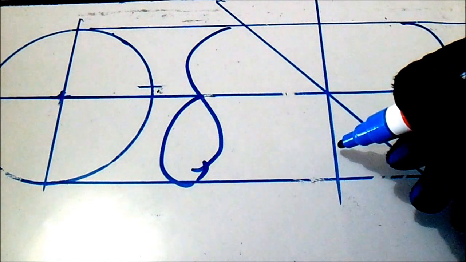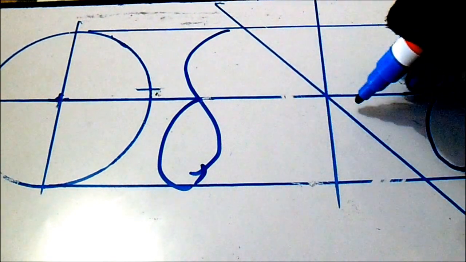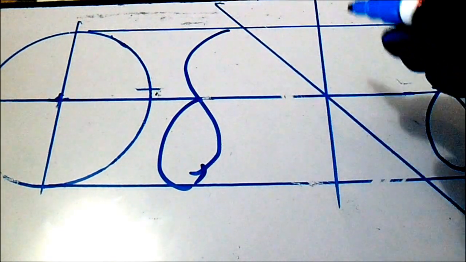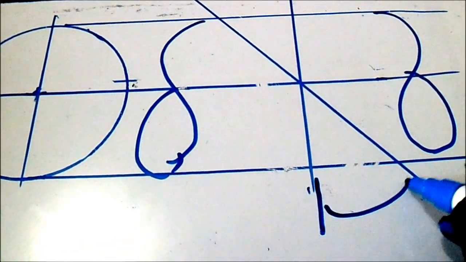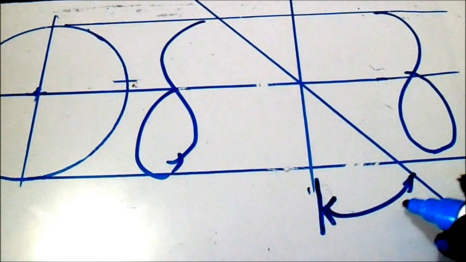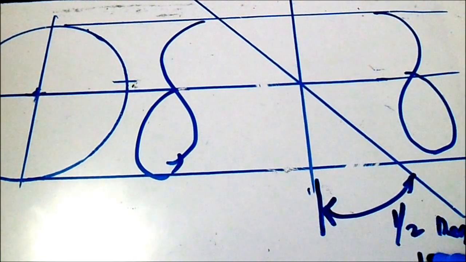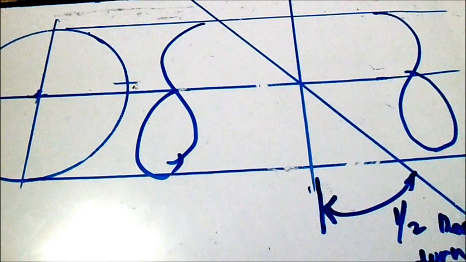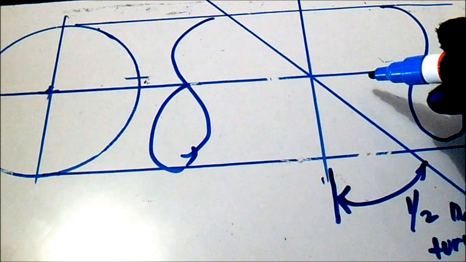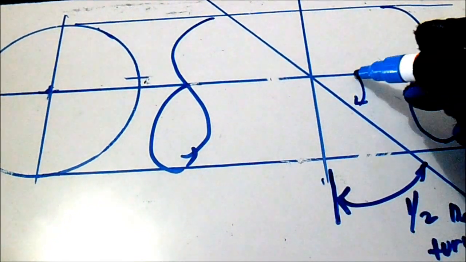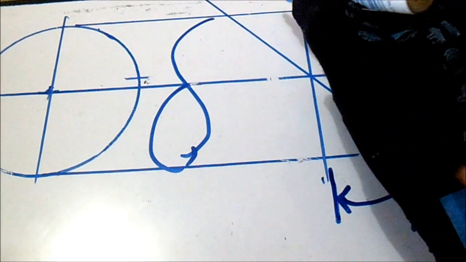So this line is our baseline, and this line is our miter cut line. We have 1/2 the degrees turn here, and this is our angle of cut. This one is the same, 1/2 the degrees turn.